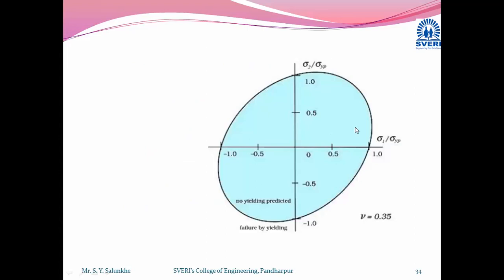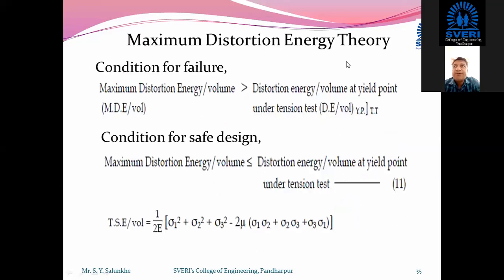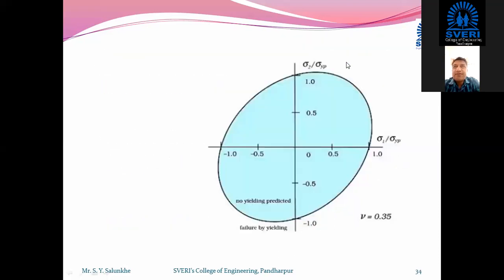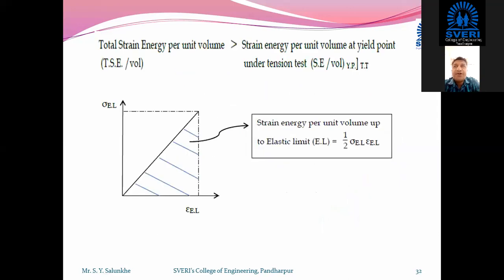Later on, we are going to compare it with the strain energy which we calculate from the tensile test, which we can carry out on the UTM, that is half of sigma y into epsilon y.